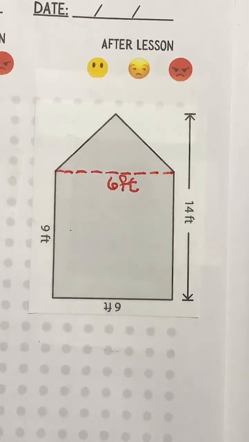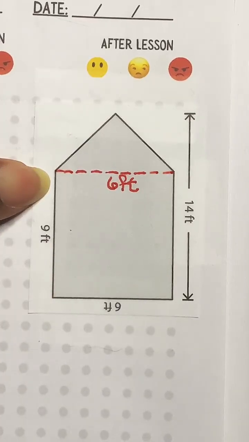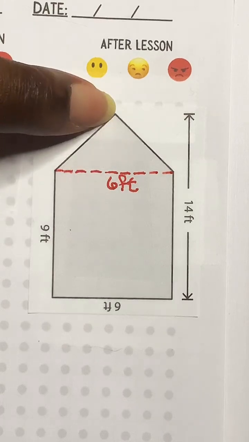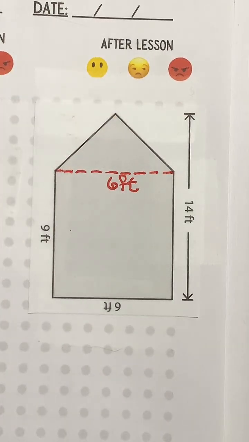But if from here to here is 9, what do you think from here up here is going to be? So Cap is saying the roof is 5 feet. Do we agree? Yes, 5. Okay, good.